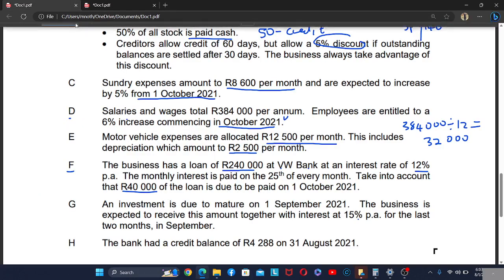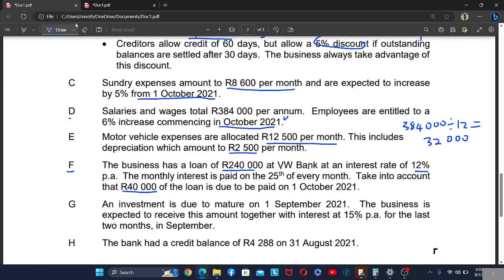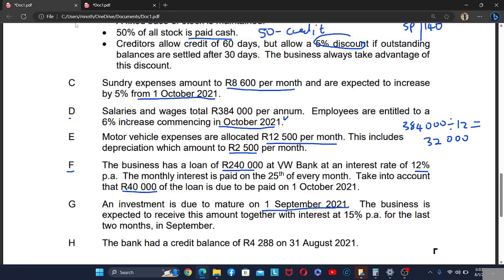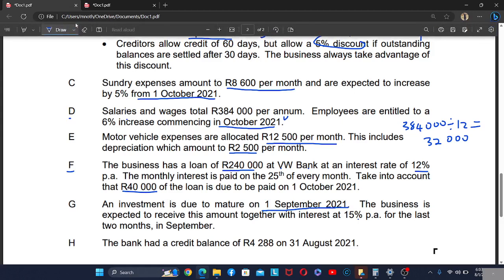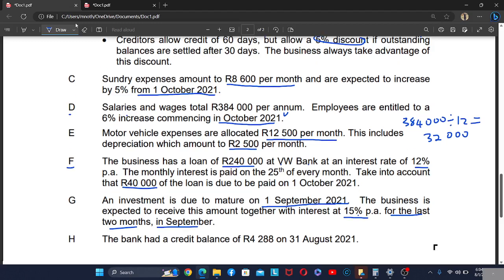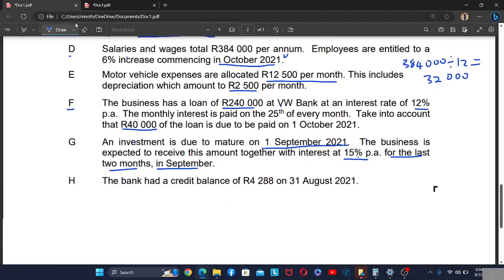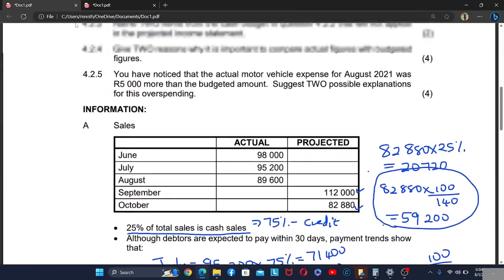The next one. An investment is due to mature on the 1st of September 2021. The business is expected to receive this amount together with an interest of 15% per annum for the last 2 months in September. Let's go and check that fixed deposit.